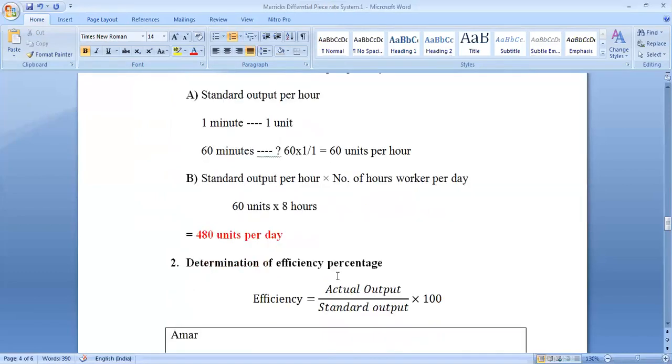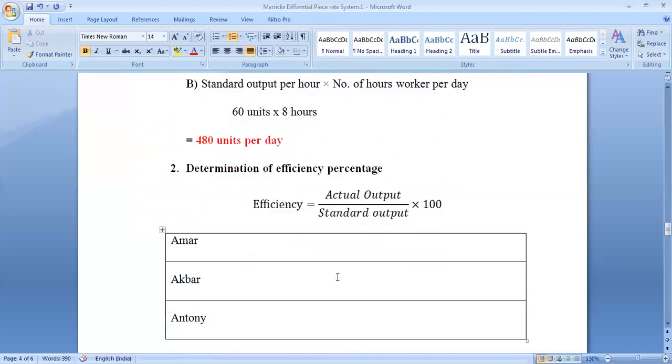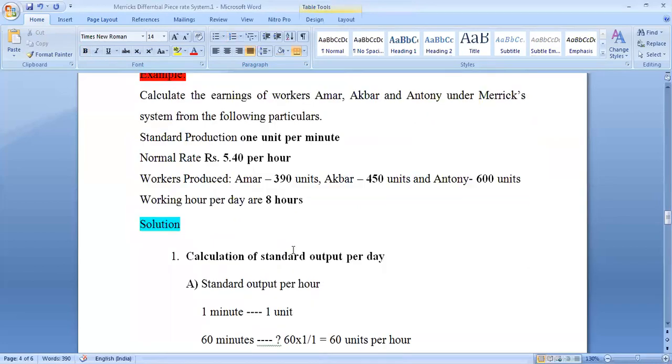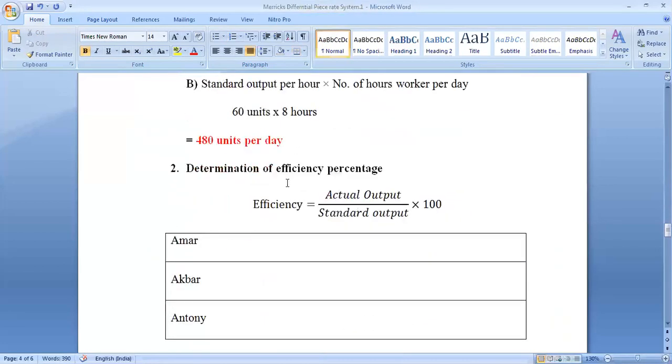The next step is determination of efficiency percentage. Let us see the actual output of Amar. Amar is producing 390 units. So actual output 390 units divided by the standard output we have found out, that is 480 units, into 100 to convert it into percent. That will become 81.25%.